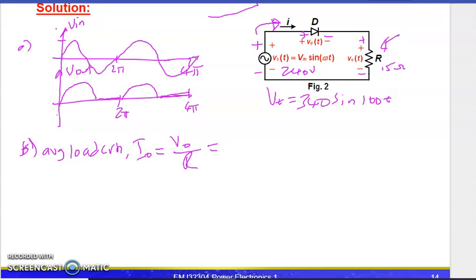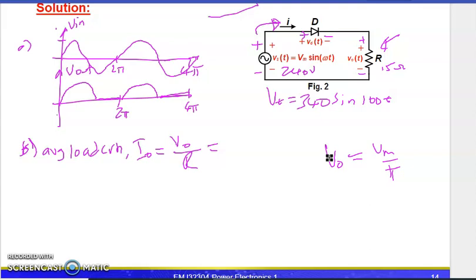So from the formula we know that V average is equal to Vm over pi, as stated in the previous page.